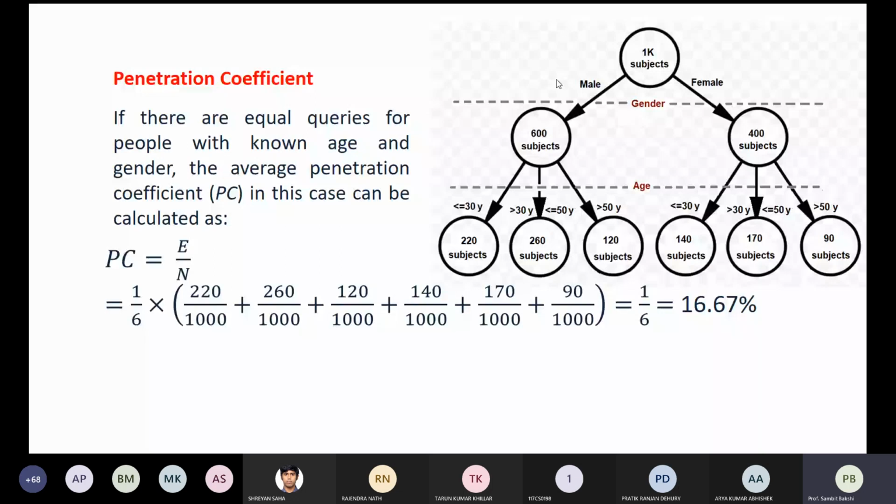If it has more zeros than ones, it is going to be in this node. If it has more ones than zeros, it is going to be in this node. Then if it has more zeros, the next question is: if the number of zeros is double the number of ones, it is going to be here. If the number of zeros is less than double the number of ones, it is going to be here. This kind of tree is formed.